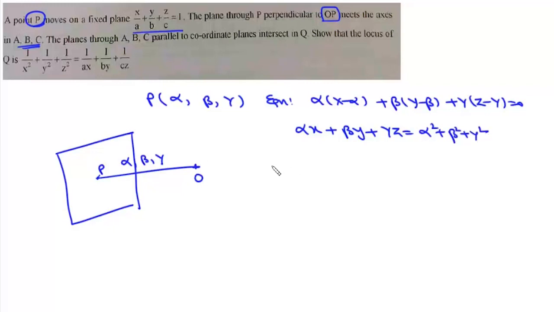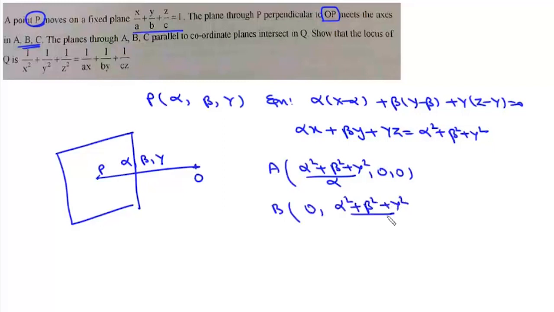Their intercepts will be: A is (alpha square plus beta square plus gamma square upon alpha, 0, 0), B will be (0, alpha square plus beta square plus gamma square upon beta, 0), and C will be (0, 0, alpha square plus beta square plus gamma square upon gamma).